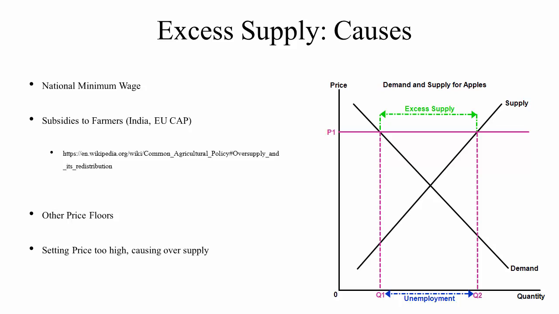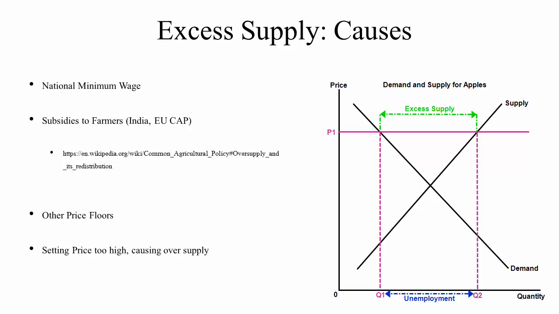Very briefly, we need to look at a couple of the causes of excess supply. This will be done in a later video in a bit more detail, but firstly, we want to talk about the Common Agricultural Policy. Subsidising farmers and guaranteeing them a minimum price for their product caused a great amount of oversupply, or excess supply, of crops during the time of the Common Agricultural Policy's implementation.